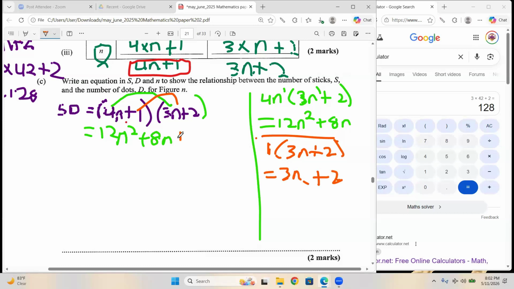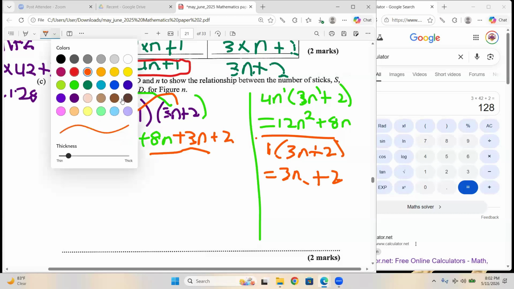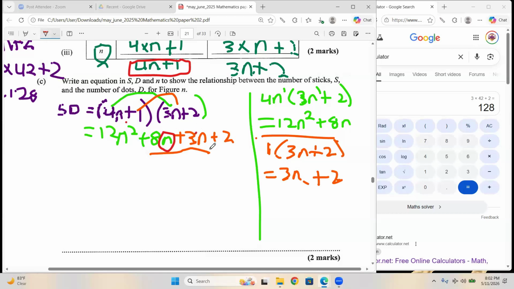The 3n is positive, so we add 3n plus 2. Okay, the only thing we could simplify here, we could add these two. They are both terms in n, so we can add their coefficients. So 8 add 3 is 11. Yeah, so that'll be 11n. It's still positive. We have the plus 2.